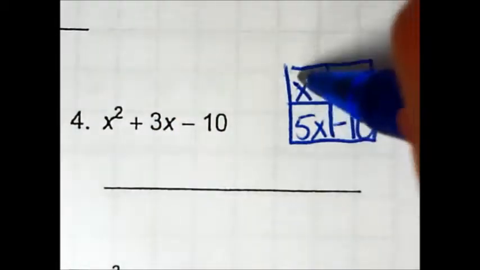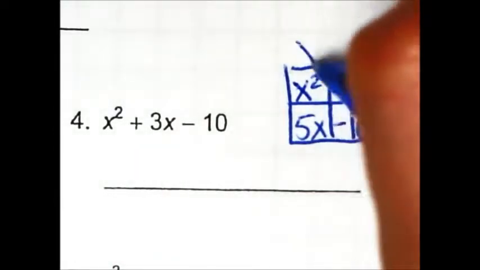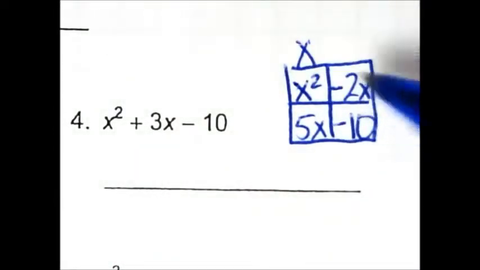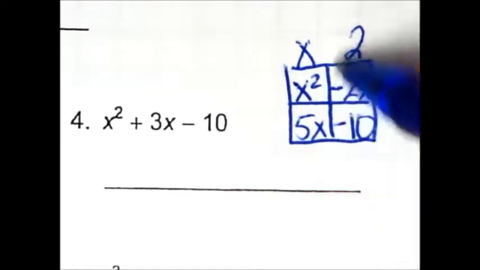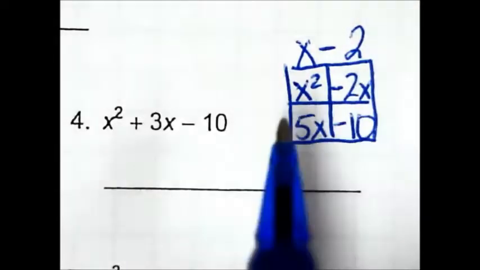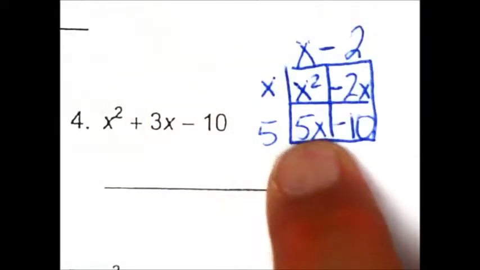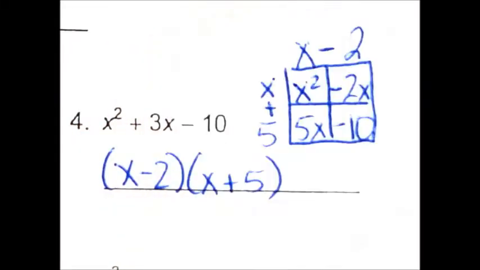Go through the common factors. These can both be divided by x. These can both be divided by 2. That's a negative, you put a minus. These can both be divided by x. 5 and 10 can both be divided by 5. That's a positive, this is a plus. Your factors are x minus 2 times x plus 5.